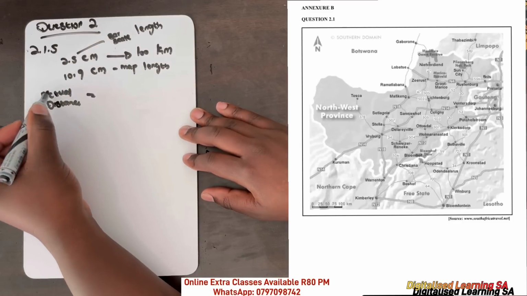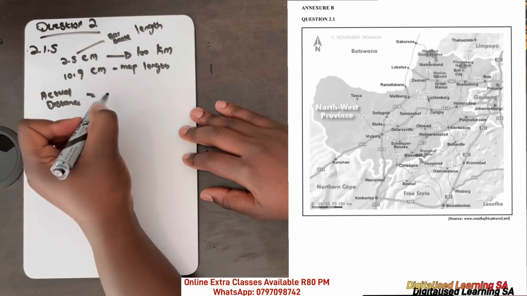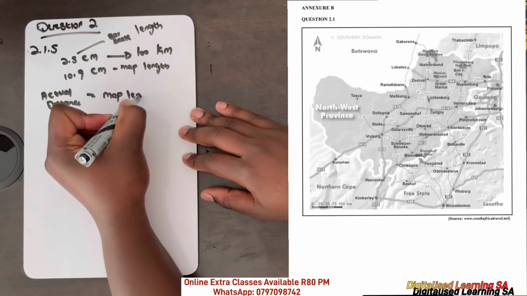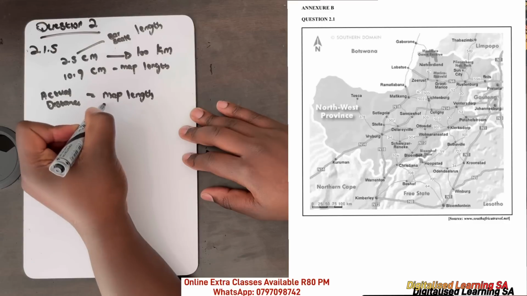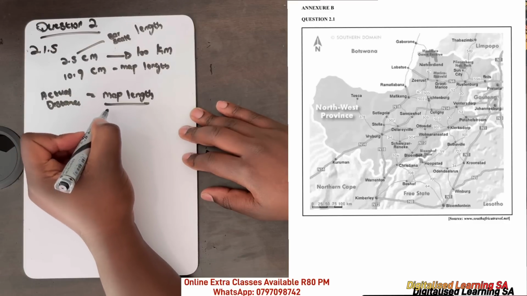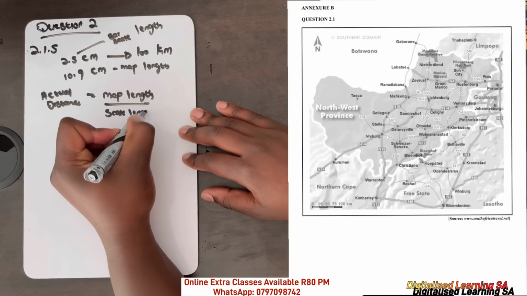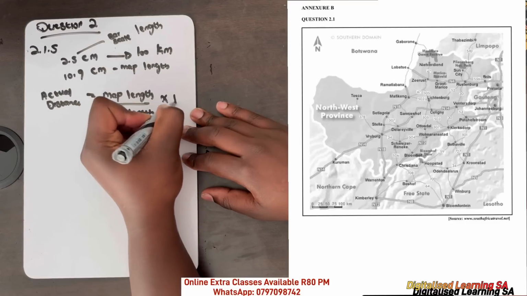So to get our actual distance, we will say map length divided by scale length multiplied by 100.